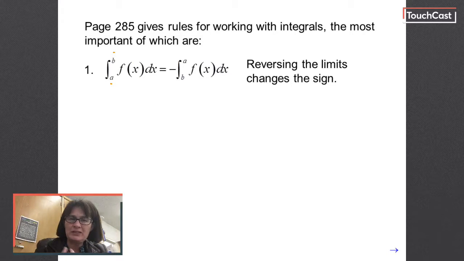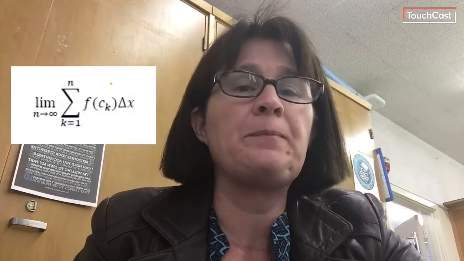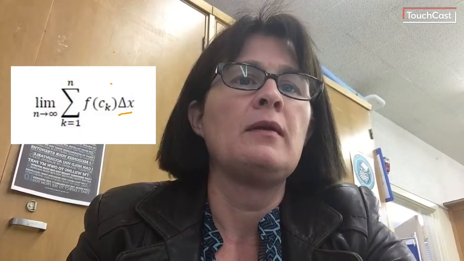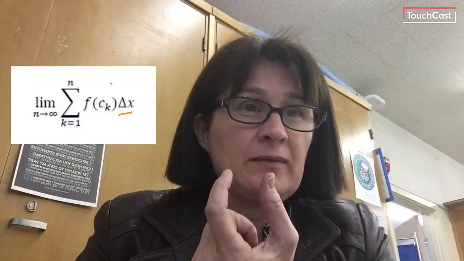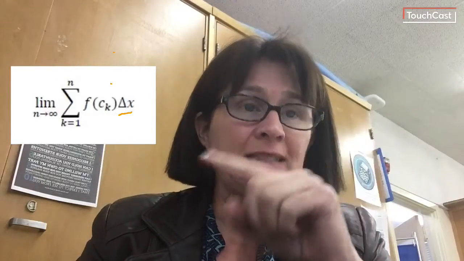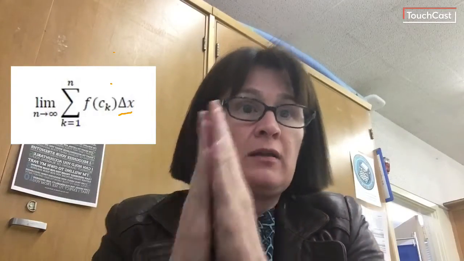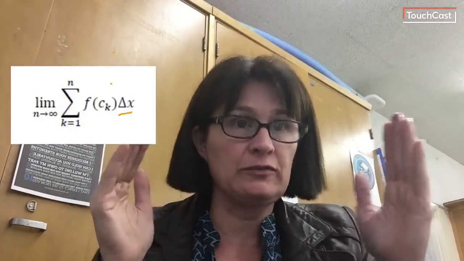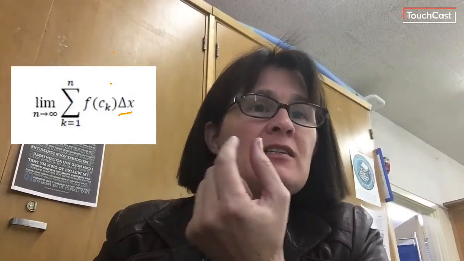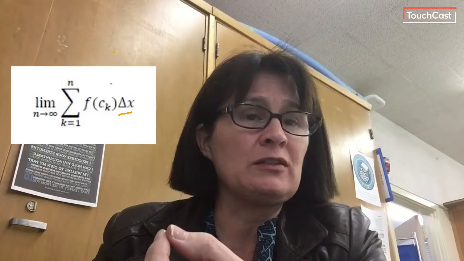And so maybe that doesn't make too much sense if we think about it in geometry, but think about that picture we were using. Let's think about this notation where it came from. Remember delta x? That was the width of every rectangle. And we computed that by finding the difference, b minus a, so the width of the whole interval, not subinterval, but whole interval, the whole partition, and dividing that by the number of rectangles we wanted to use.